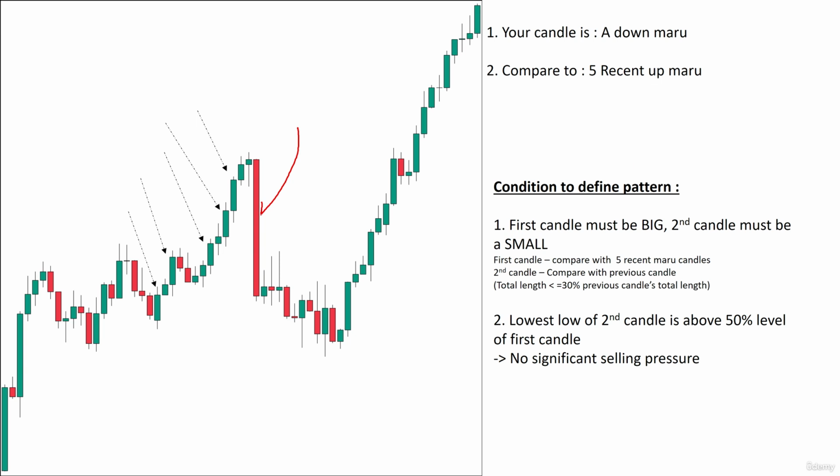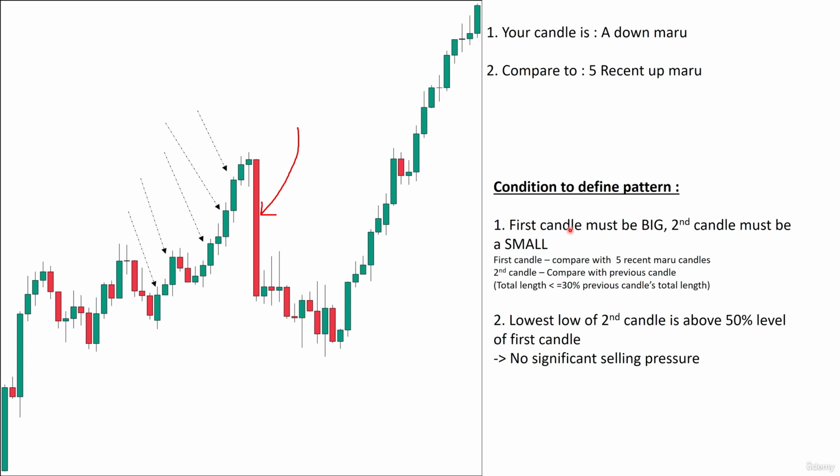You can see the very big Maru candle right over here, and in the last example we already judged this down Maru candle is a big Maru candle because when we compare the first candle, the down Maru candle right over here, with the 5 last candles, we can also see very easily this candle is very big compared with the 5 last candles right over here.